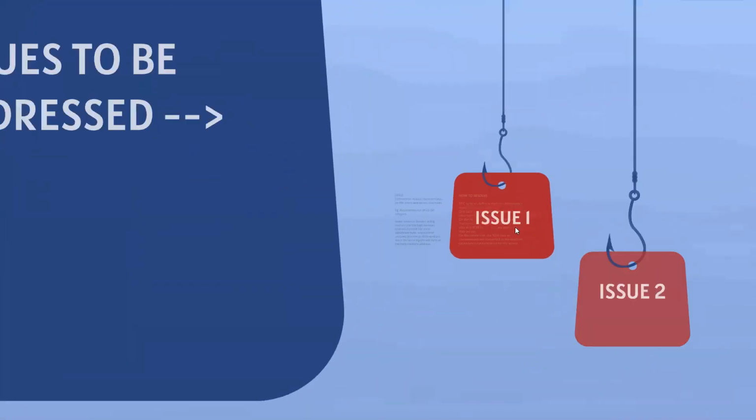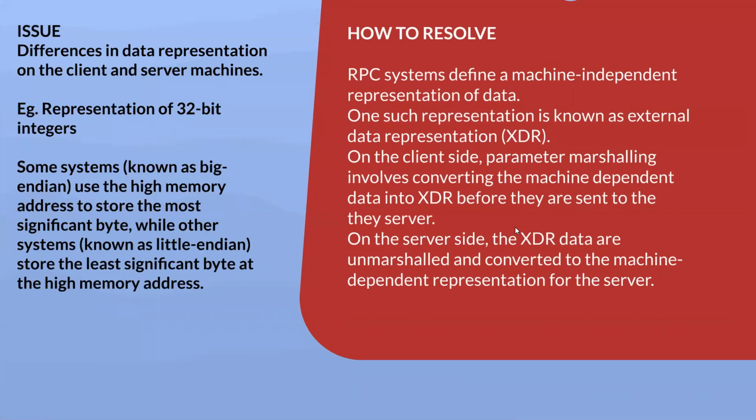Now we'll go through some issues when we run the RPC. So the first issue that we come across is the difference in data representation on the client and server machines. So representation of 32-bit integers. Some systems known as big-endian use the high memory address to store the most significant byte, while other systems known as little-endian store the least significant byte at the high memory address.